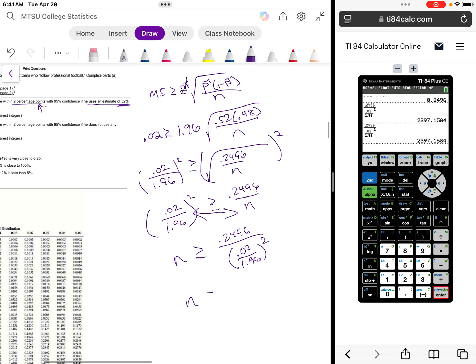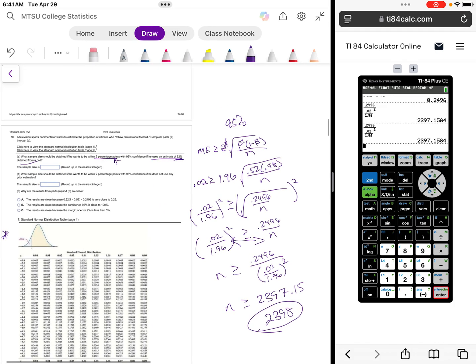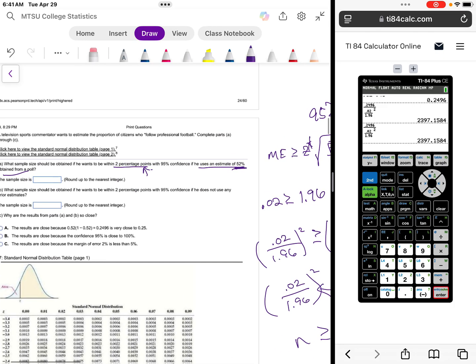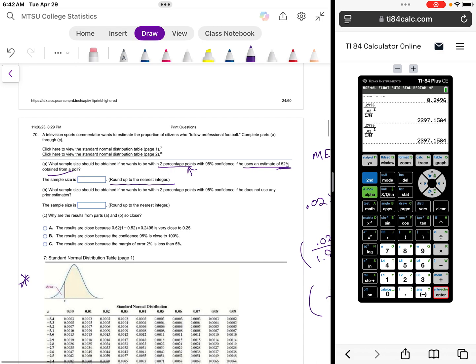So n has got to be greater than or equal to 2397.15. Again, 2398. We always round up to the next integer. And it reminds us, round up to the next integer on this assignment. 2398.